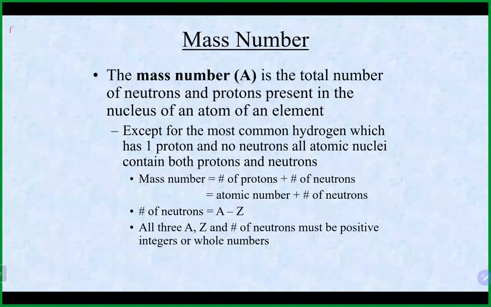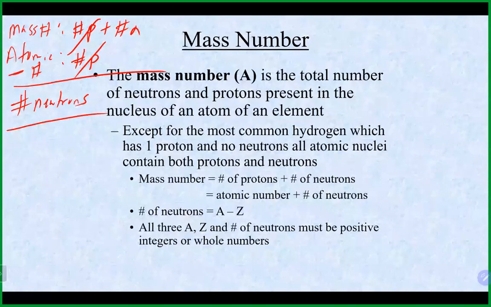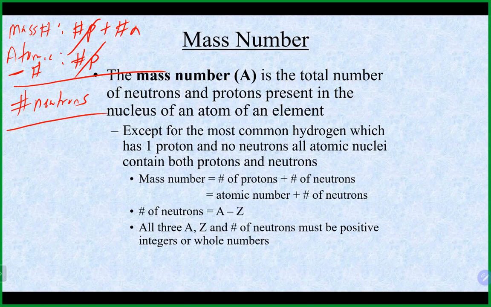Because if we take the mass number, which is our number of protons plus the number of neutrons, and we take the atomic number, which is the number of protons, and we subtract them, the number of protons cancel, and you can figure out the number of neutrons. So the mass number minus the atomic number will tell you the number of neutrons there are.